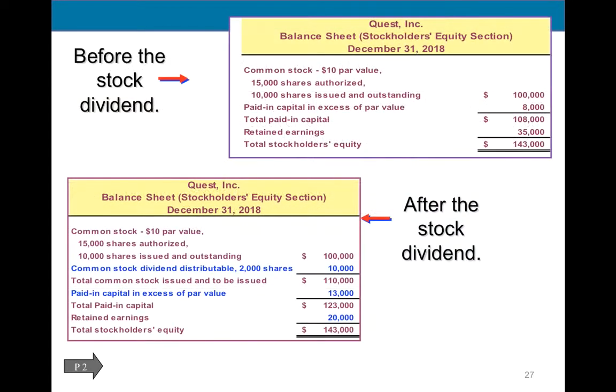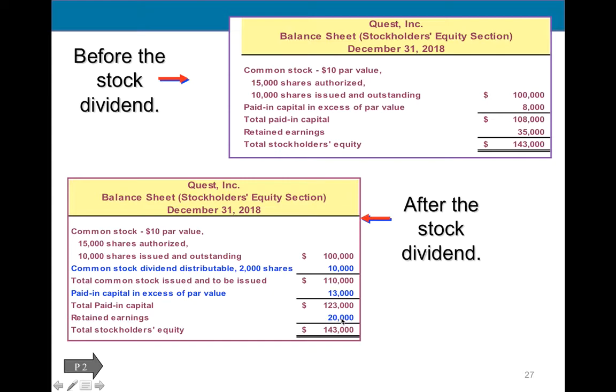So I just want to make sure that you understand that before and after the stock dividend, the total amount does not change. But I will have less retained earnings. So right here, I had 35K of retained earnings. After stock dividend, I will have 20,000. So I take 15,000 and move them to total paid in capital. Paid in capital was 108 and now it's 123.